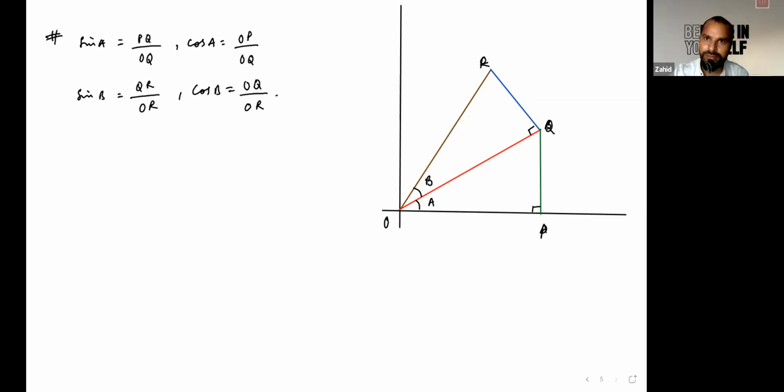Suppose I have drawn a perpendicular line from this point to this point, like this, and joined this part to this.